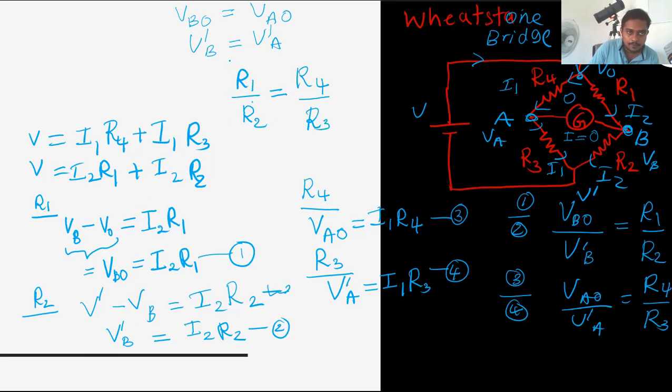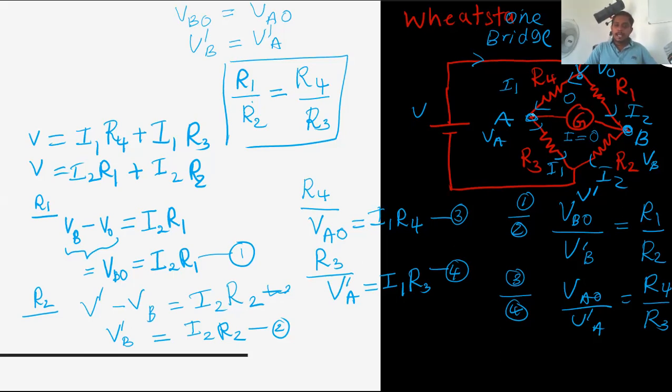So this is basically the ratio between these two resistors being equal. If they are equal, we call this a Wheatstone bridge. And obviously, if the ratios are the same, the middle part becomes 0.